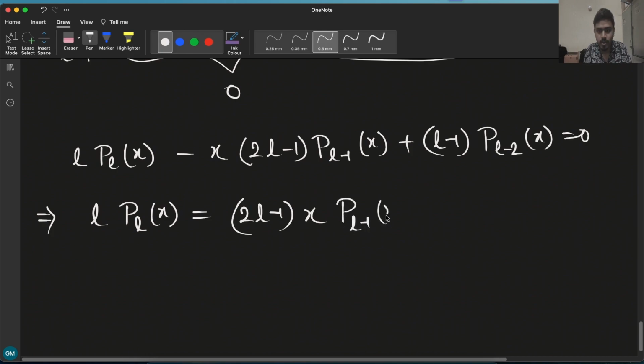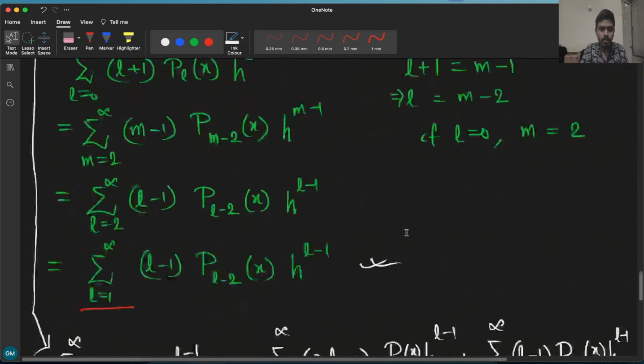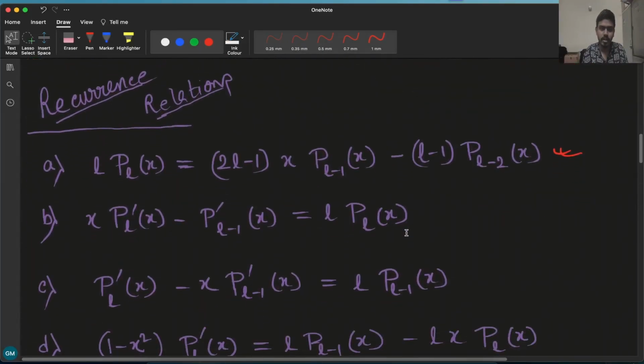So (2L minus 1) x P_{L-1}(x) minus (L minus 1) P_{L-2}(x), and proved. So I have proved the first recurrence relation.